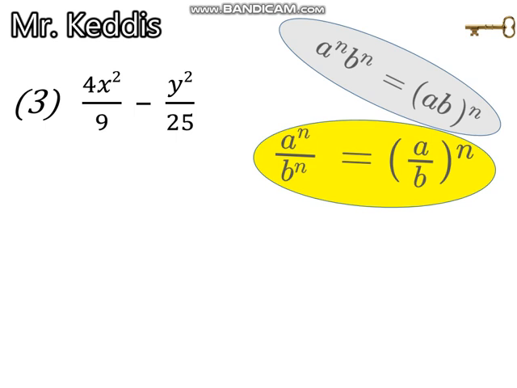To factor 4x squared over 9 minus y squared over 25, this means 2 squared x squared over 3 squared minus y squared over 5 squared.